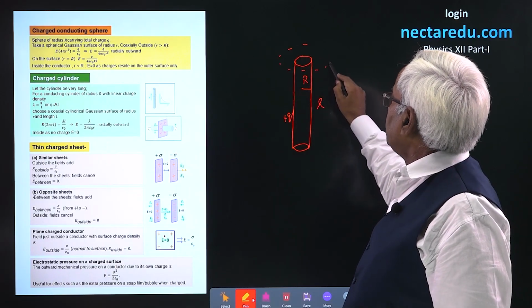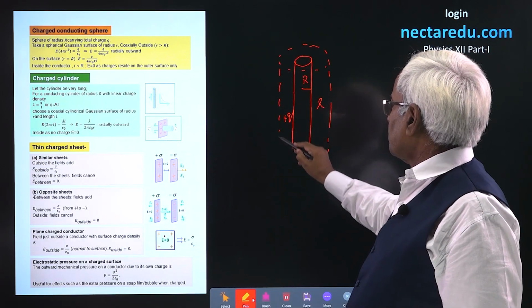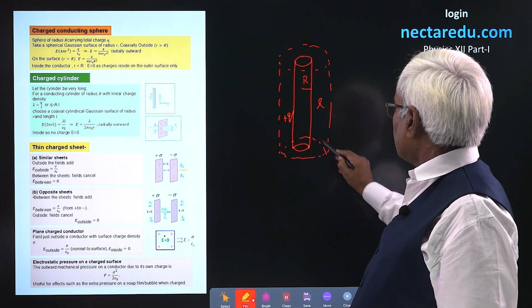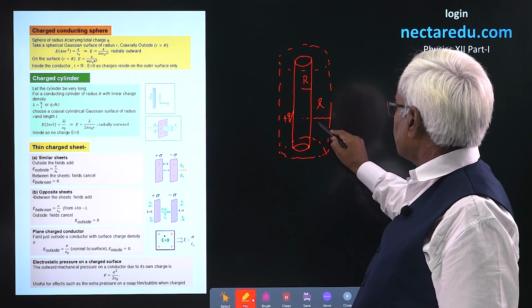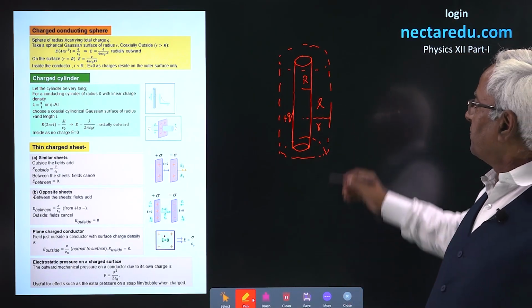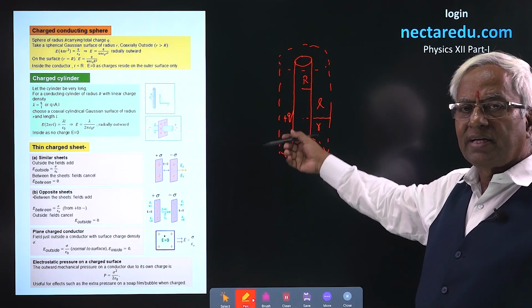Here we would consider another cylindrical surface that's going to be obviously cylindrical type. Let's suppose that it has radius small r. This Gaussian surface will include the charge that's acquired by the cylinder itself.